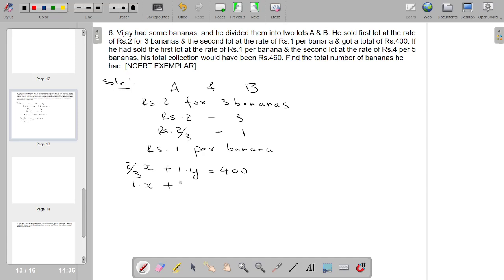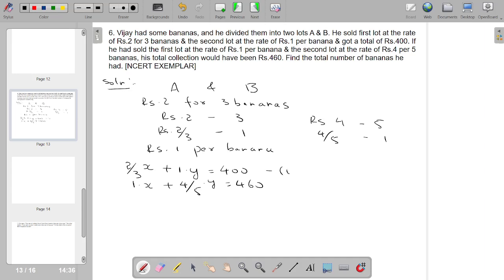Per banana, how much does it cost? 4 by 5 rupees. So for one banana it costs 4 by 5. That's why I have written 4 by 5 into y. You would have got 460 rupees.